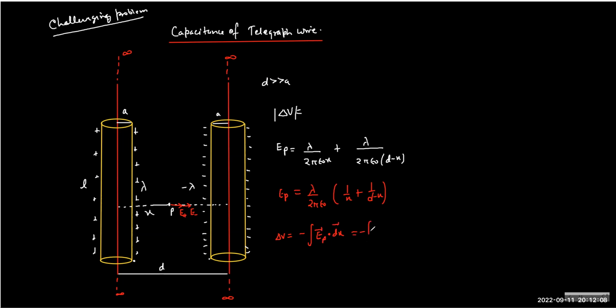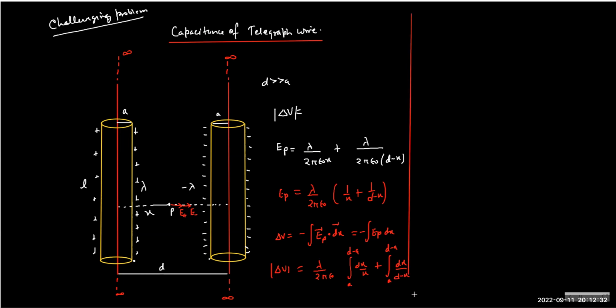Simply write it as, the value will be how much? So the delta V turns out to be how much?